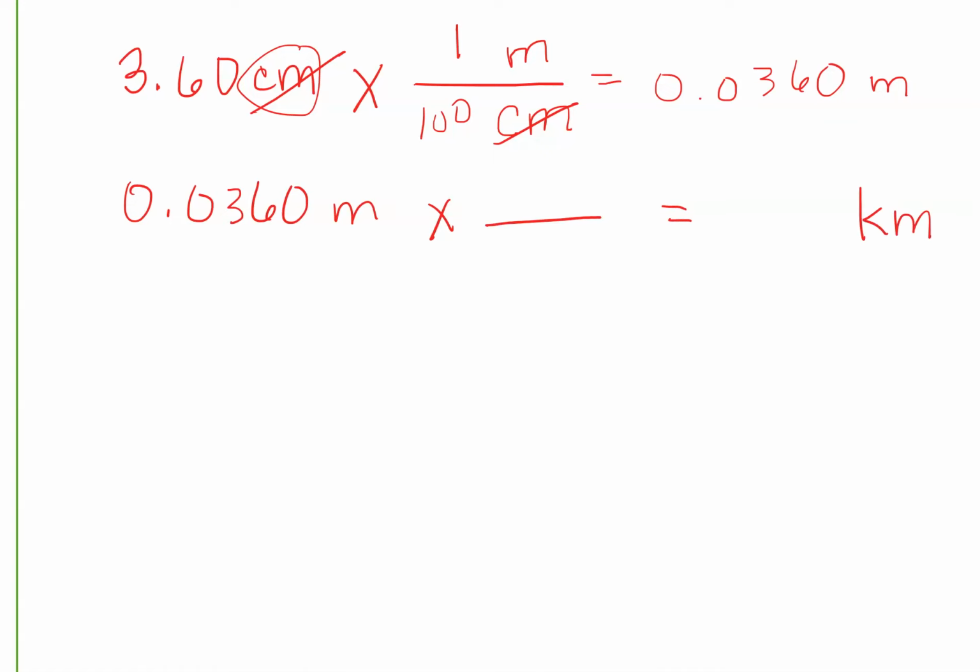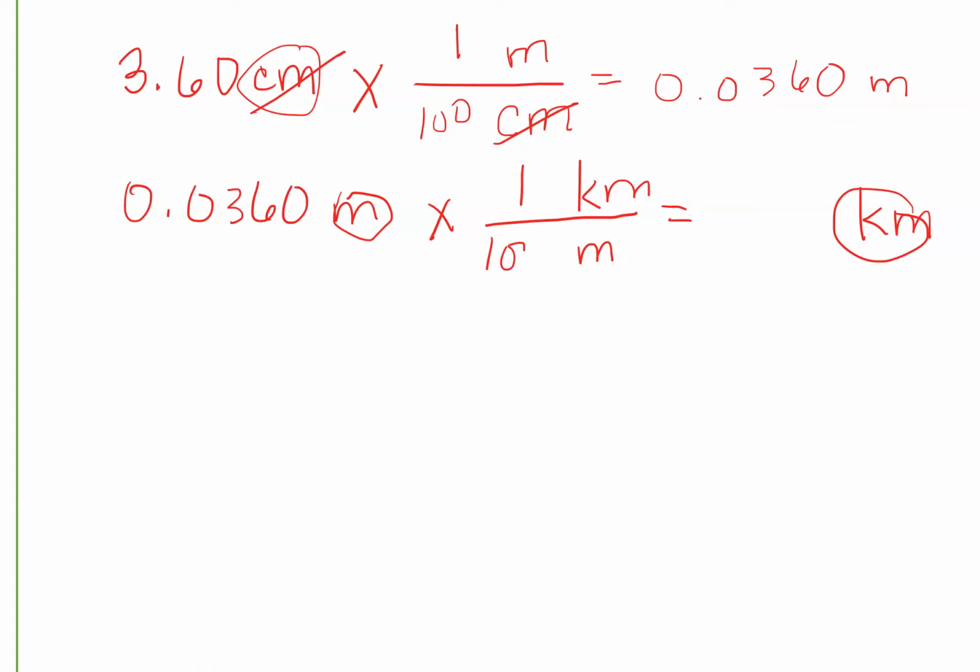So again, I'm going to multiply by a conversion factor. I want to get rid of meters in the numerator, so those go in the denominator. And I want to get kilometers in the numerator, so those go there. Units go first. Don't let the numbers get in the way. Once I have the units, I can put in the numbers that go with them.